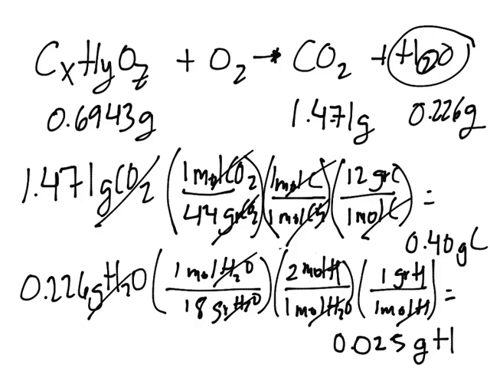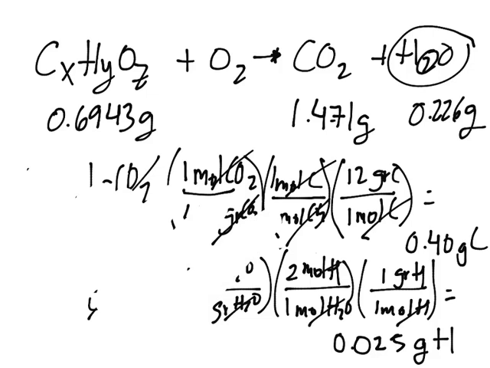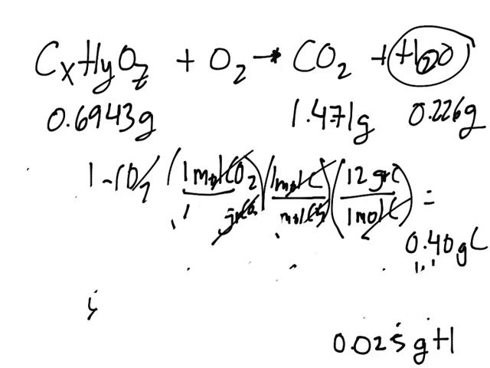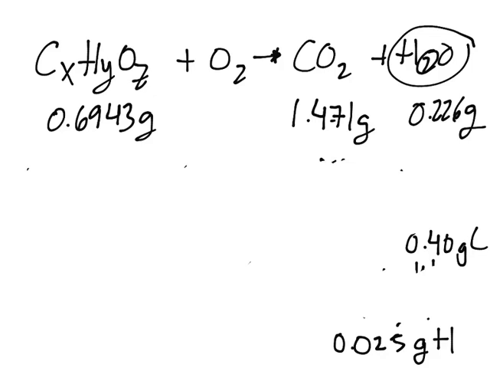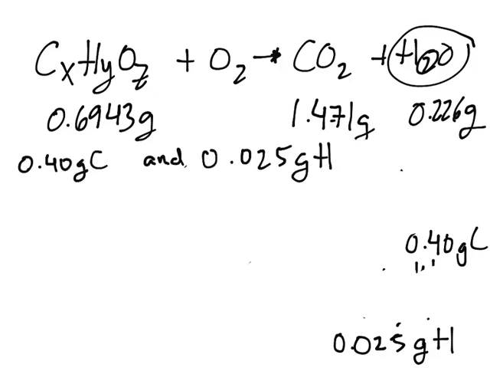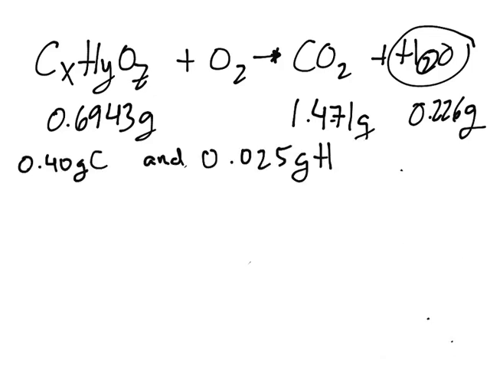We have the grams of carbon, we have the grams of hydrogen. So now we're only missing the grams of oxygen. You write it. So that is what we have. If you think about it, we have the mass of the whole molecule, of the whole fuel, of the whole compound.